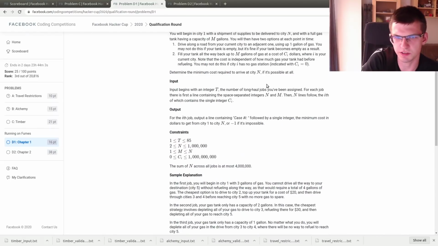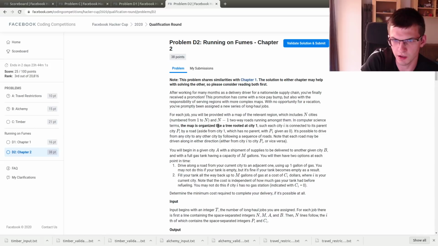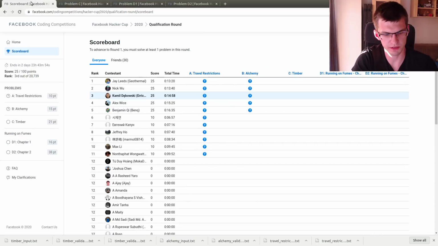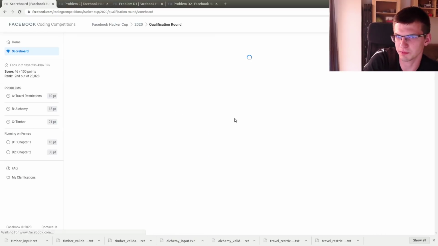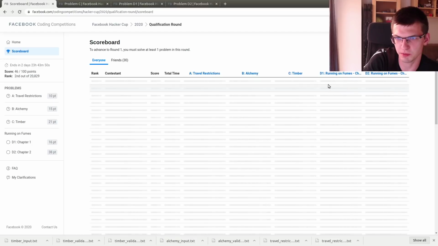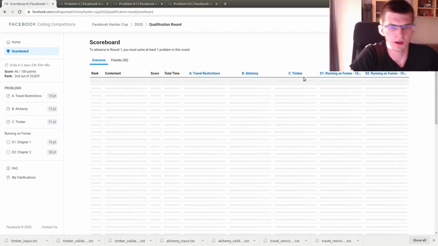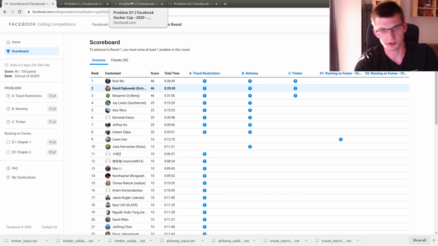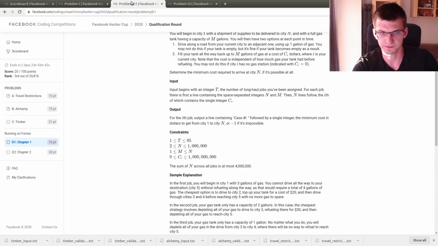This seems very standard. And what's the difference? Okay, a 3. I think what matters in the scoreboard is the sum of times, so I should do the easy problem first, I guess, if I want to win the qualification round, which is my objective.